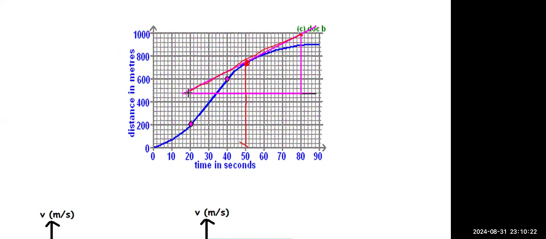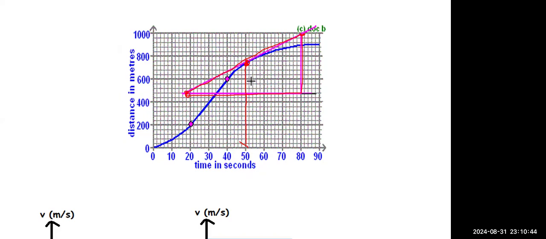Now this straight line has two points, this point and this one point. Then again make a triangle. You have to move vertically downward and then move horizontally towards the next selected point. This will be your triangle. Now you have to find the gradient of the distance time graph.